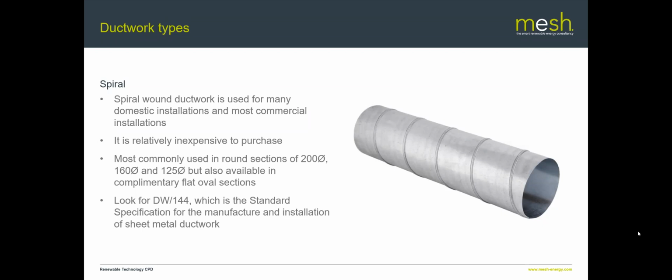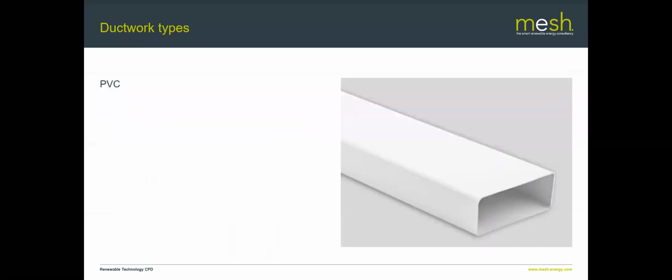The standard you're looking for with this is DW144, which is the specification for manufacturing and installation of sheet metal ductwork. The next type is PVC. This is typically used as a replacement on a trunk and branch system, where you have limited space.